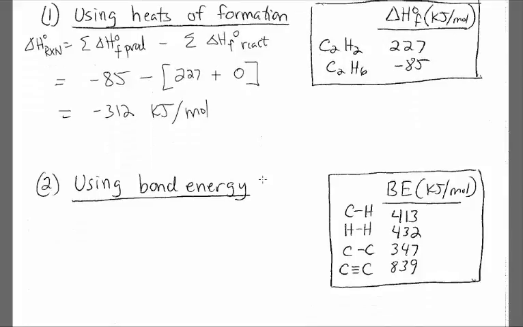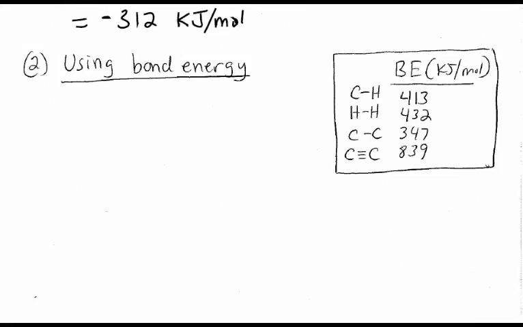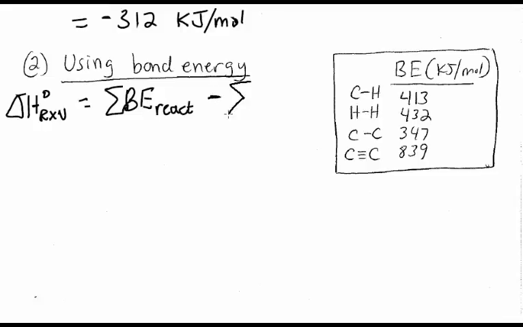Using bond energies. Okay, now we will calculate the heat of reaction for the same reaction, but this time using bond energy methods. So in this case, the delta H for the reaction is given by the sum of the bond energies for the reactants minus the sum of the bond energies of the products.